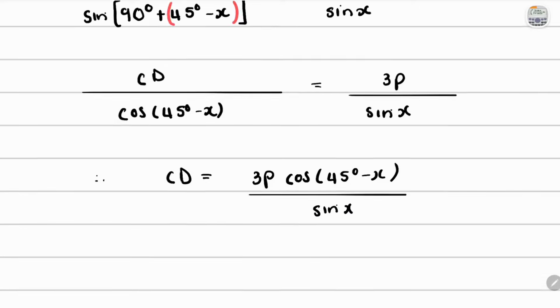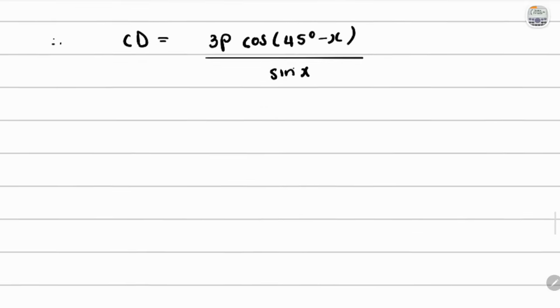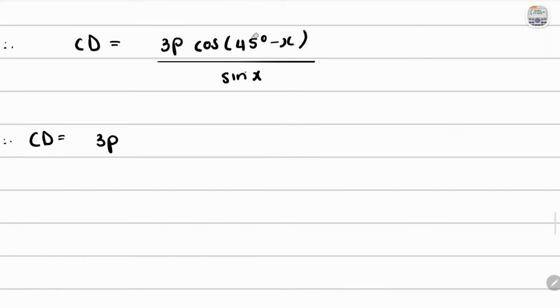We just have to simplify that, because that's not what it looks like over there. CD is equal to 3p, and we can use the compound angle identity for cos 45 degrees minus x, which is really cos A minus B. They become two terms, so we'll put them in brackets.